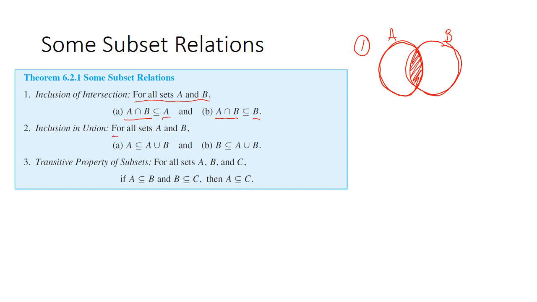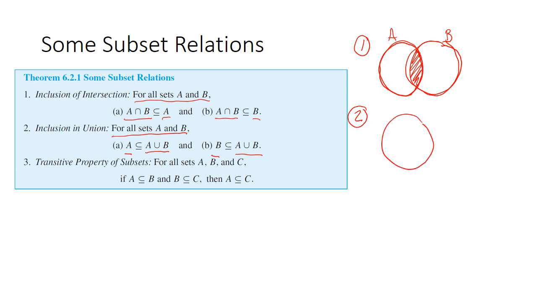Now let's look at the second part, so inclusion in union. So for all sets A and B, A will always be a subset of A union B, and B will also always be a subset of A union B. So this is another one that should make sense to you on some kind of intuitive level. Let's look at a little picture of it.